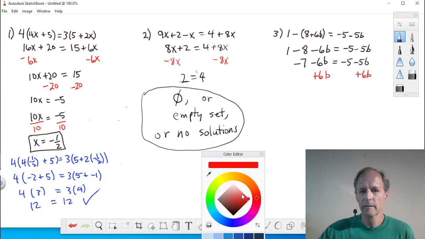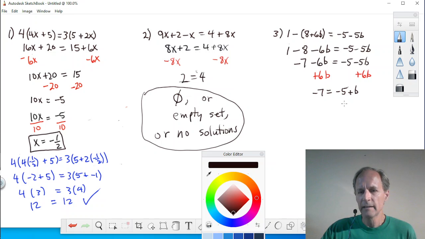Okay. On the left, negative 6b plus 6b, just like we wanted. That adds to 0. So all the b's are gone. So you've got negative 7. On the right, we still have our negative 5. And you take negative 5b plus 6b, that is 1b, or just b. And it's positive, which makes everything a little easier.